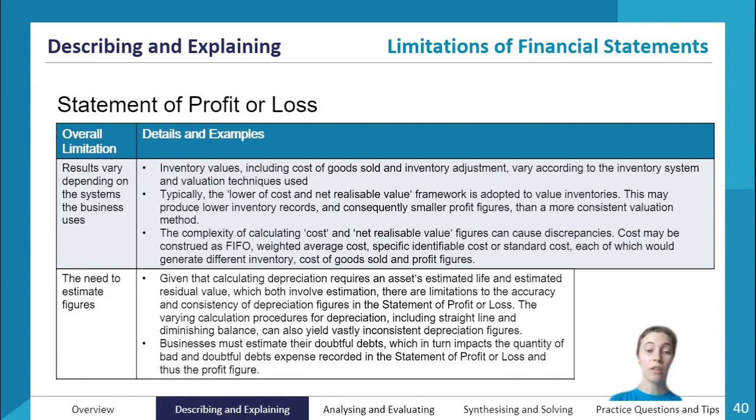You've got the weighted average cost, specific identifiable cost, or standard cost. You may not be familiar with those last two, but hopefully the first two are familiar. And each of these ways of calculating costs is going to generate different figures for inventory, cost of goods sold, and profit.